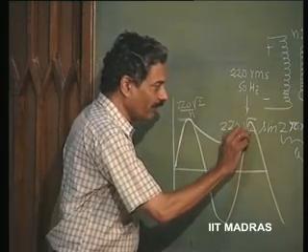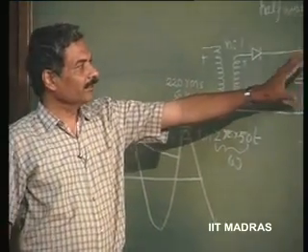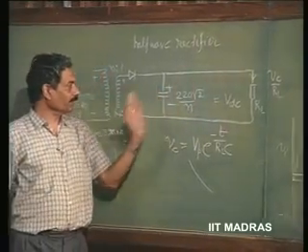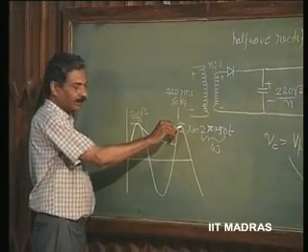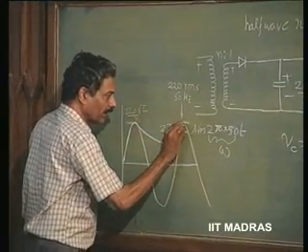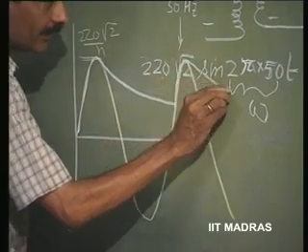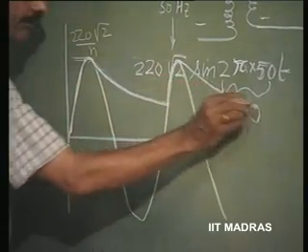So, the actual waveform of this arrangement, where the resistance is loading the capacitor, is not going to be remaining at the peak at all times. It will keep on discharging and will follow the input again up to this point and again start discharging like this. So, the waveform is going to be like this.